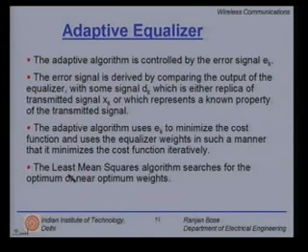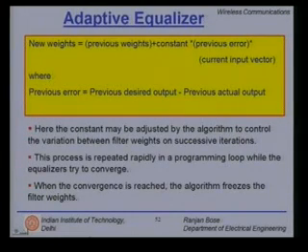One of them, the least mean squares algorithm, searches for the optimum or near optimum weights. The cost function clearly is the least mean square error. So, in an adaptive equalizer, the new weight is updated as follows: new weights is previous weights plus some constant gain times previous error times current input vector.